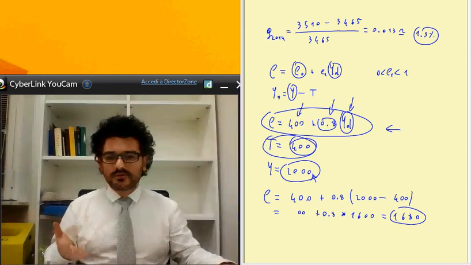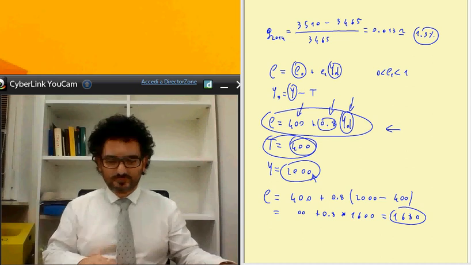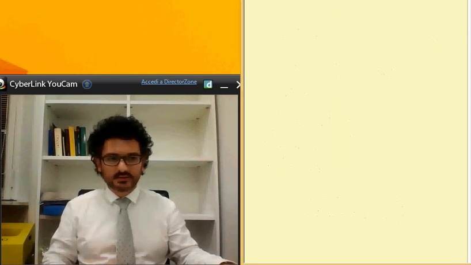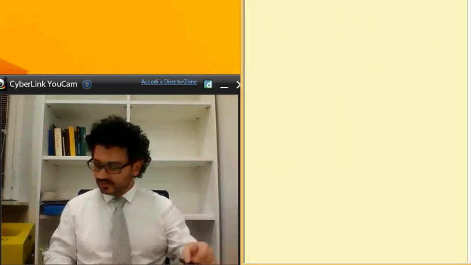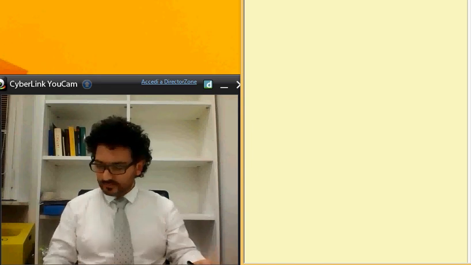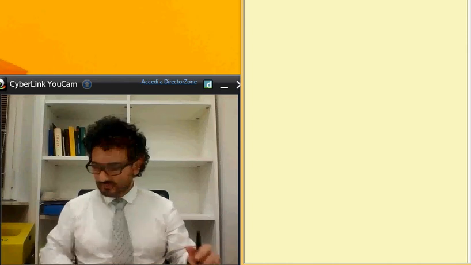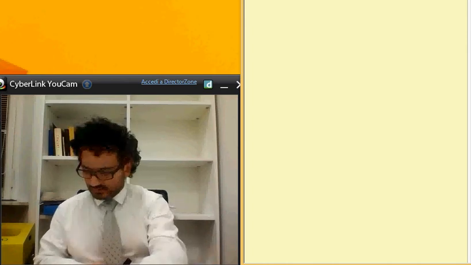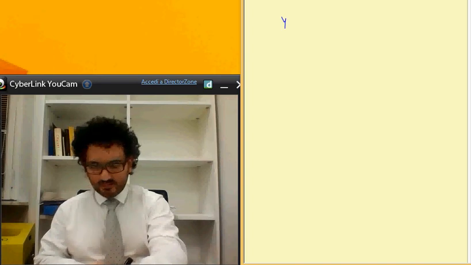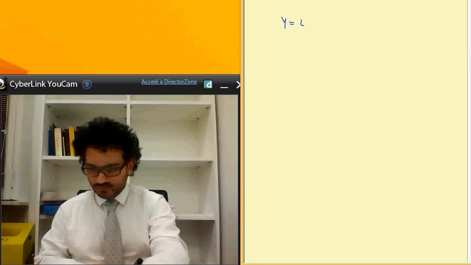Okay, now we can try to solve another exercise. In this case, what is the change in consumption if the level of income increases to a level equal to 2400?